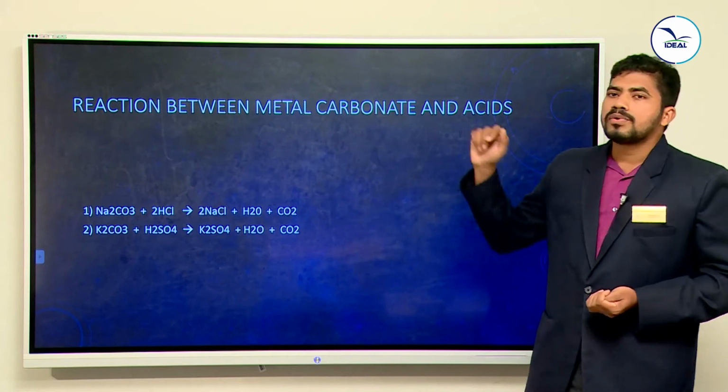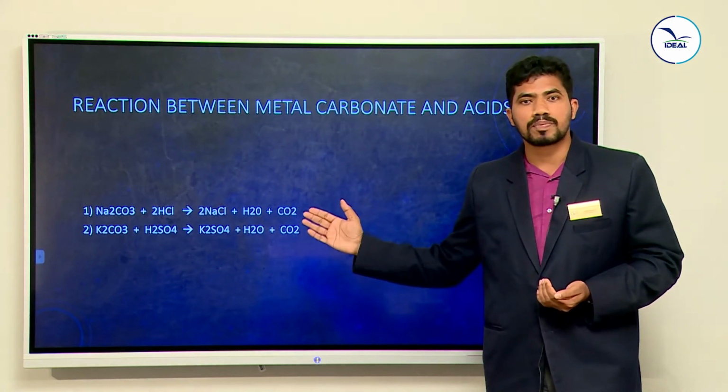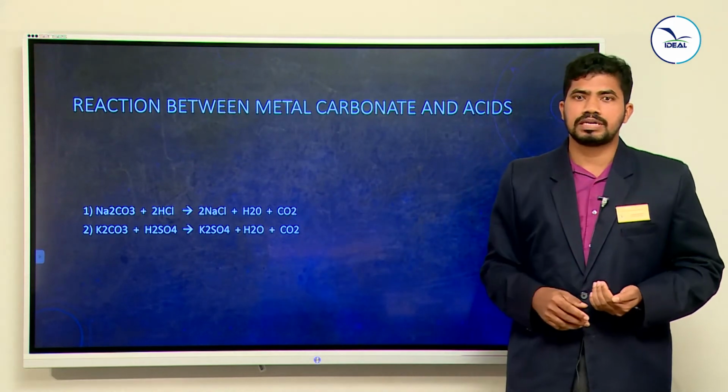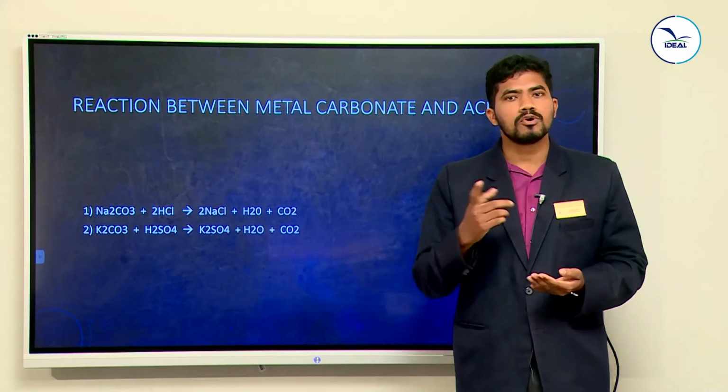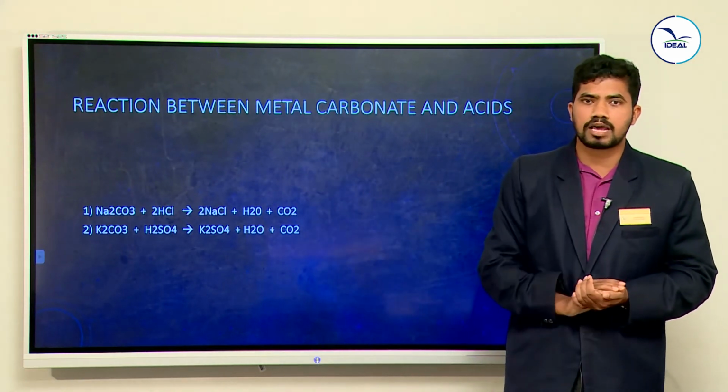Now we have another chemical property. It's a very simple chemical property of acids. In our chemistry lab, we have a lot of metal carbonates like sodium carbonate as well as potassium carbonate.